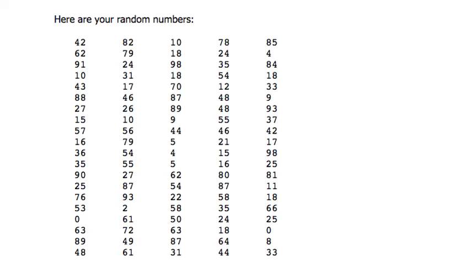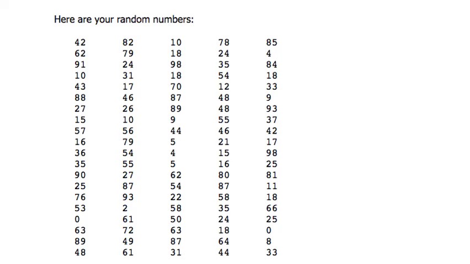Okay, remember that our simulation here is taking the driver's test one time. So each one of these random numbers that I draw simulates whether I pass or fail the test. So the first random number that I draw here is a 42.